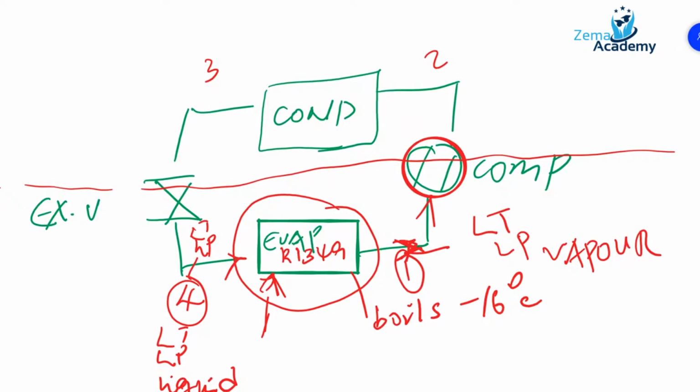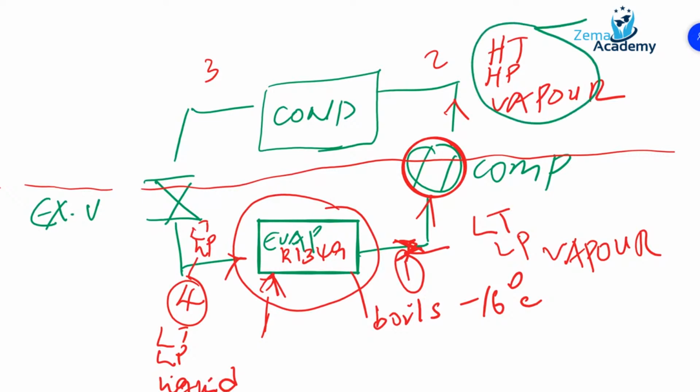The benefit of a vapor or a gas is that by compressing it and reducing its volume, we are able to change its properties. So we use the compressor to reduce the volume of that low temperature and low pressure vapor, and therefore when it comes out here, it comes out as high temperature and high pressure vapor. And that is actually what we use for our application.